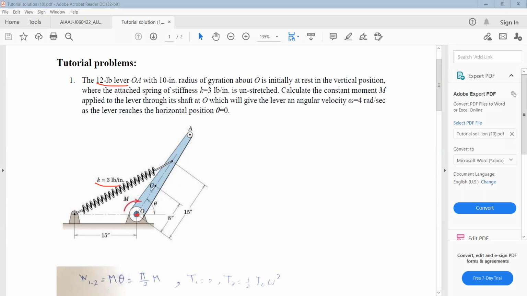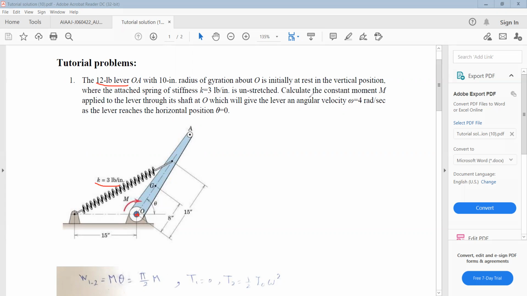So when theta is equal to 90 degrees, or pi divided by 2, the lever is in the vertical position and the spring is unstretched.